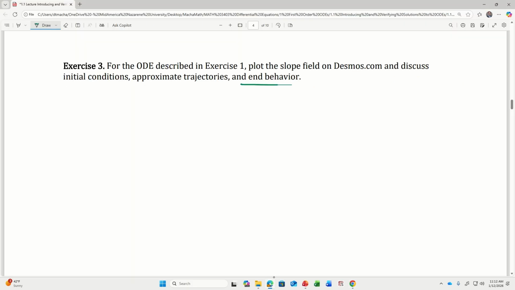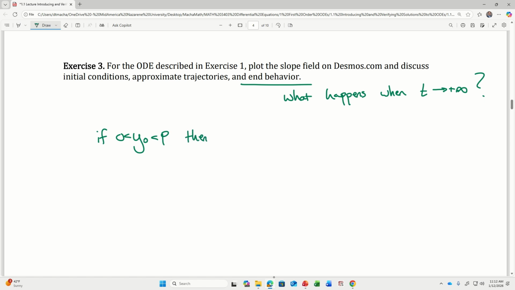End behavior means what happens when t approaches infinity. And so the end behavior is, let's say, if the initial number infected is between 0 and the full population, then y approaches p as t approaches infinity.